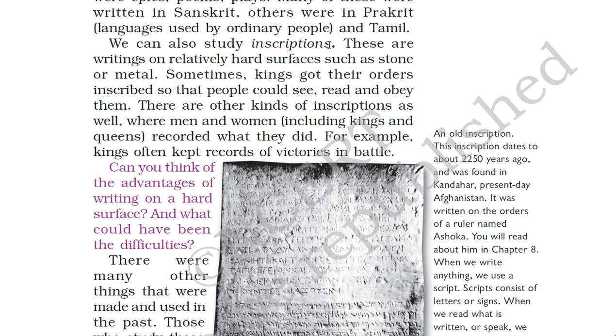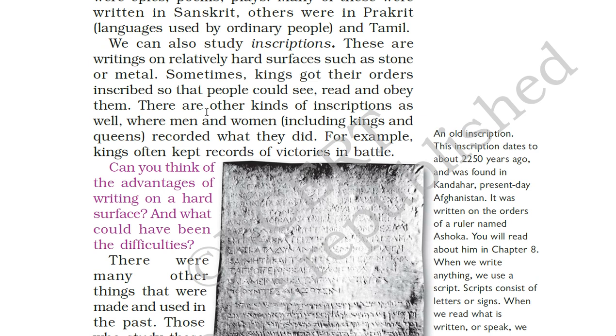What is an inscription? These are writings on relatively hard surfaces such as stone or metal, like an inscription on the wall, on the stone. Normally kings got their orders inscribed so that people could see, read and obey them.